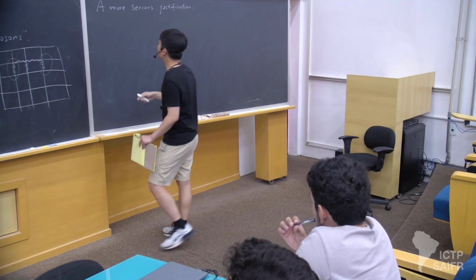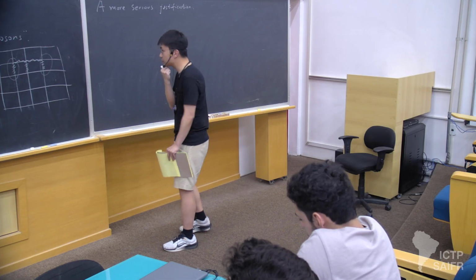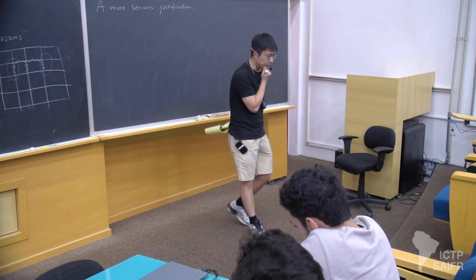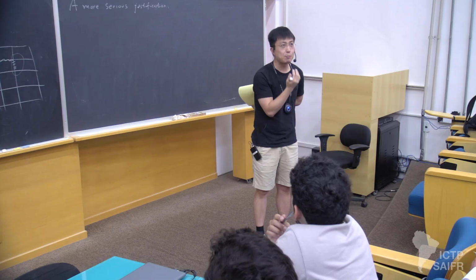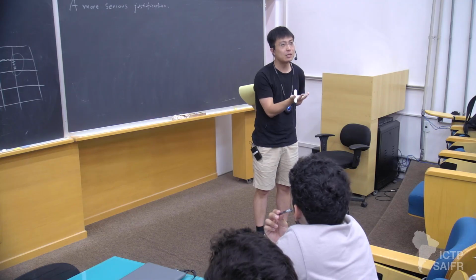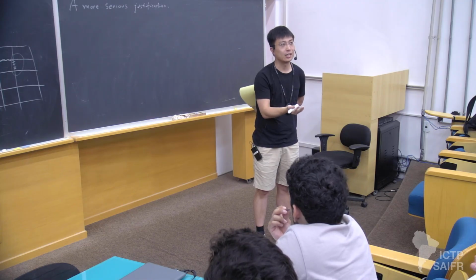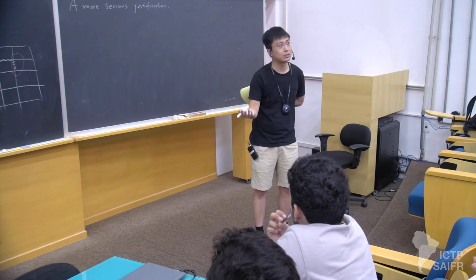Okay. If you think about this more seriously, the first thing you need to clarify is what I mean by statistics. What do I mean when I say a particle is a boson and another particle is a fermion?